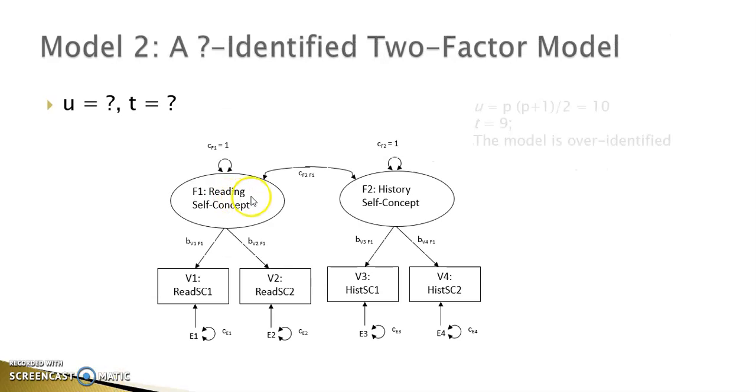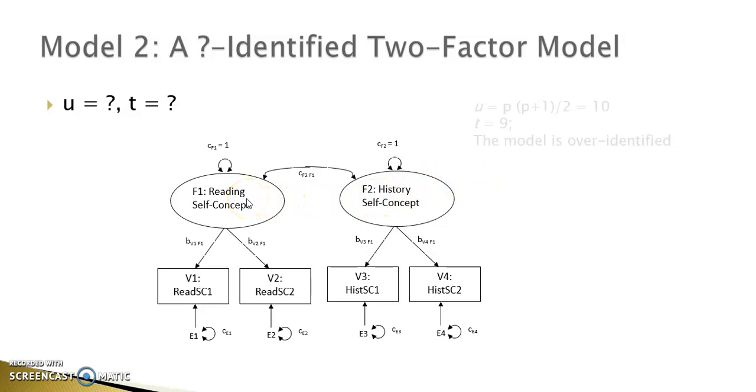Now let's take a look at the second model. In this CFA model, there are 2 latent factors, f1 and f2, each with 2 measured indicators. And the 2 factors are correlated. Again, we use the unit variance identification to set the variance of the 2 latent factors to 1.